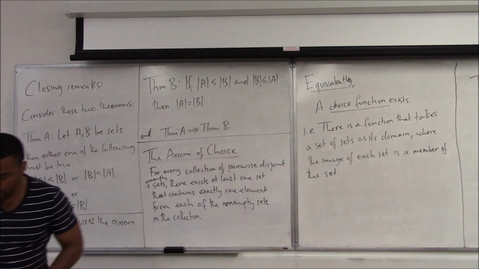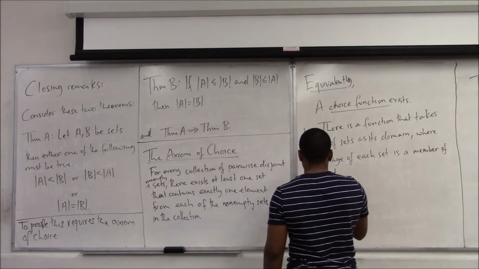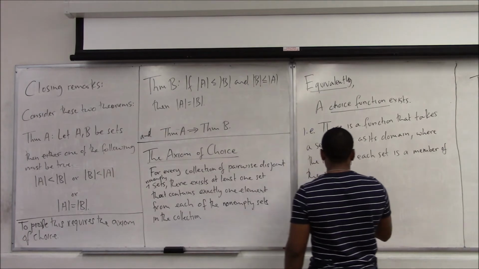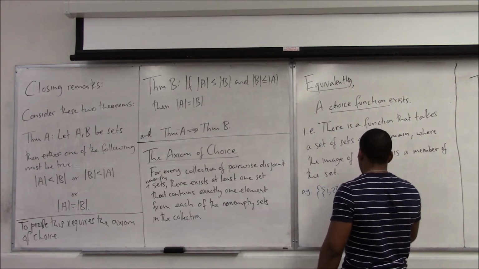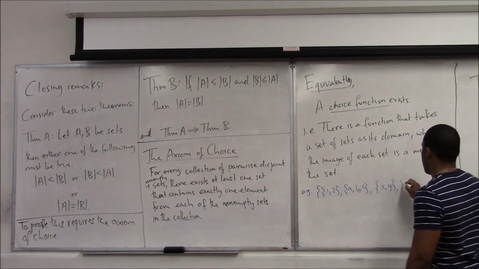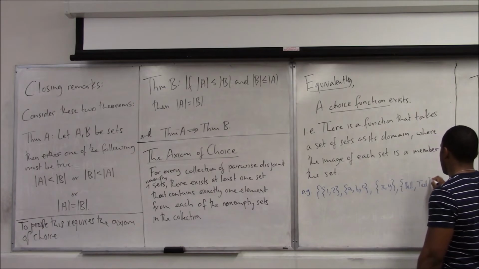Might still be a little confusing, so let me give you an example. Let's say I have a set of things, like 1, 2, here's a set A, B, C, here's another set X and Y, here's another set Bill and Ted, right?